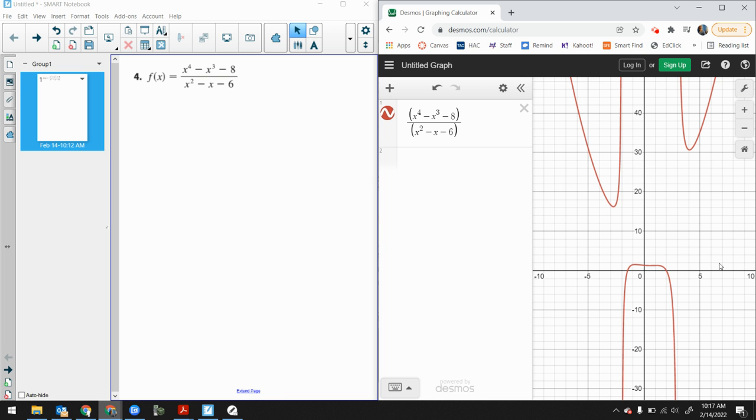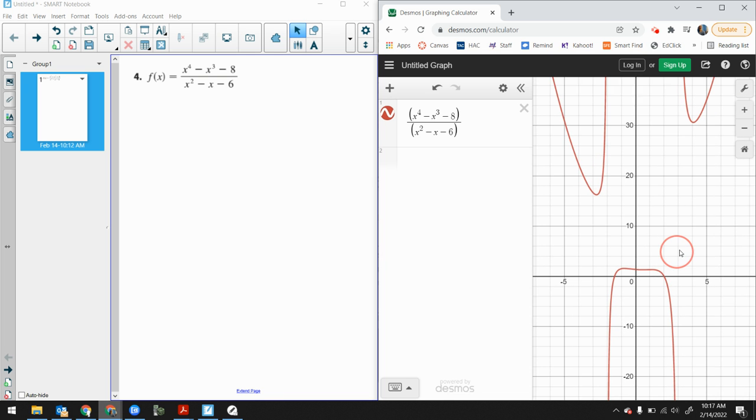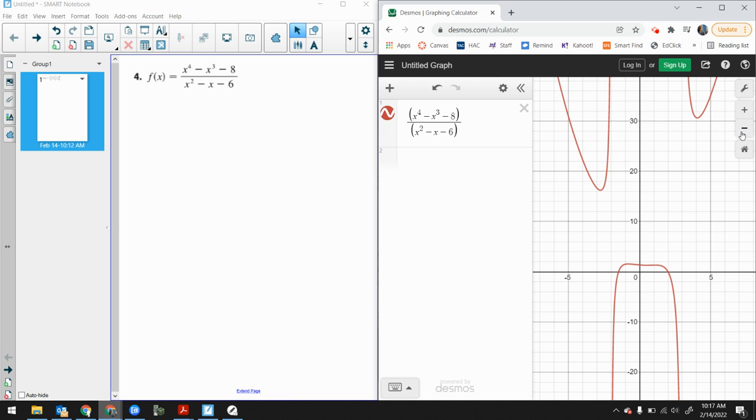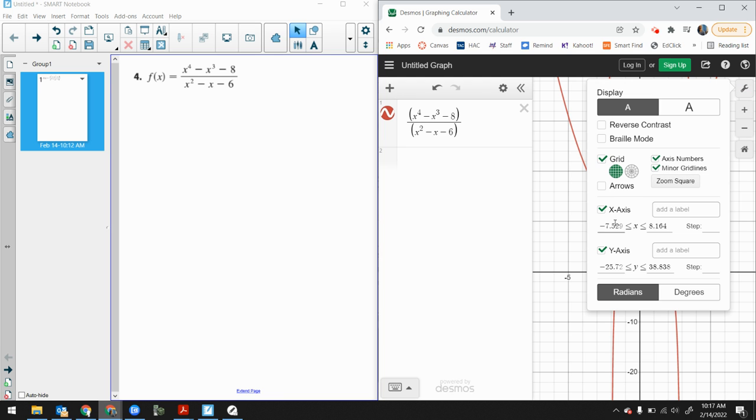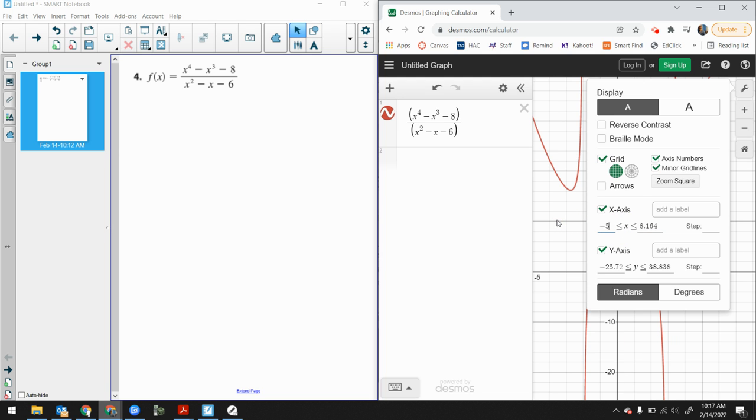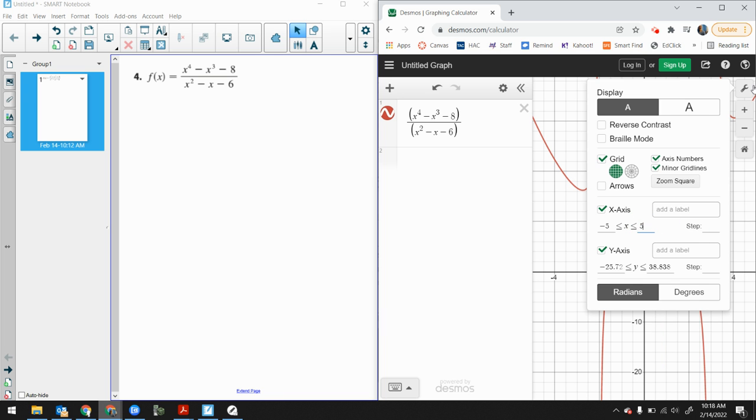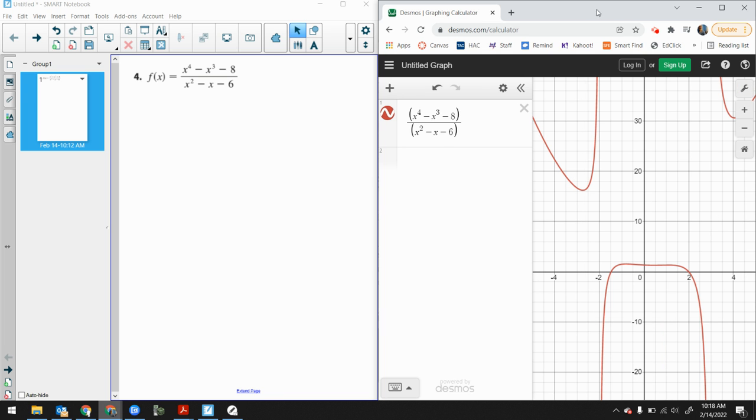How's that look? That looks good. Let's go negative 5 to 5. That's going to be even better. Negative 5 to 5, and give me a little clearer picture.